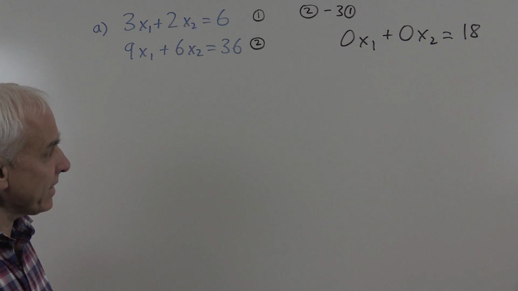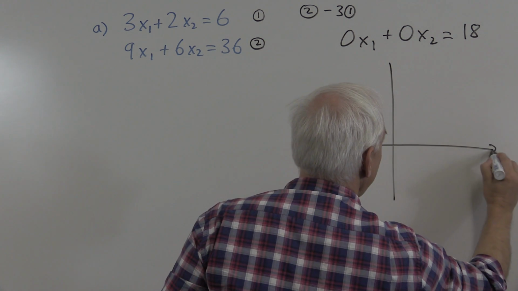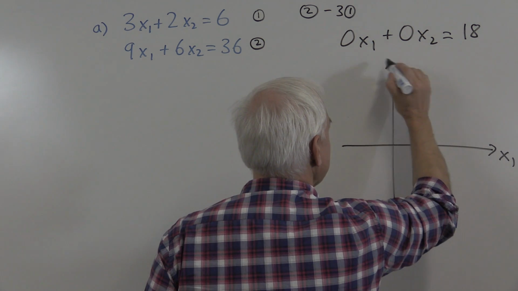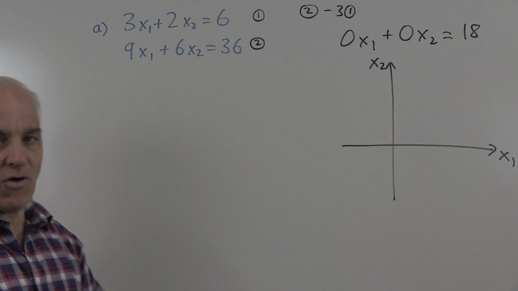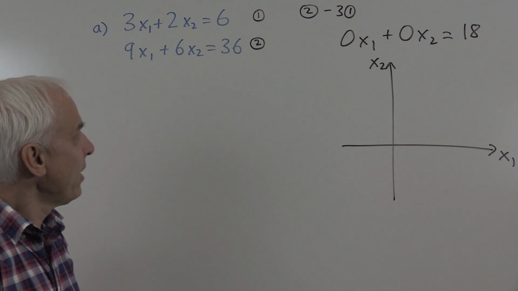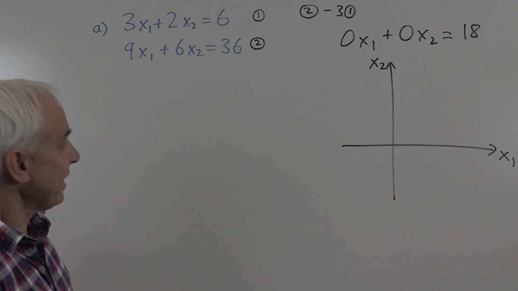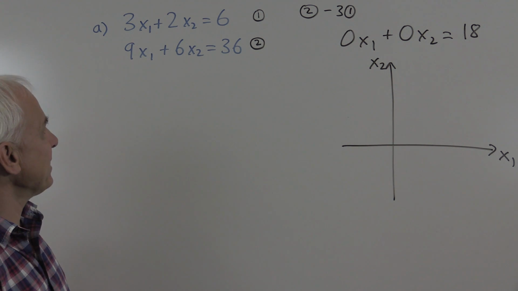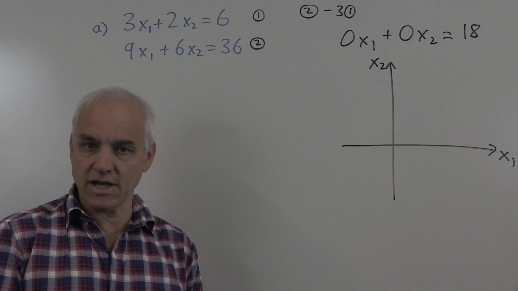And let's have a look at the picture. So the diagram, we're going to use axes x1 and x2 rather than x and y because that's what's involved in the problems. All right, what does the first equation represent? It's a line. And it's easiest probably to graph such a line by looking at the x and y intercepts.